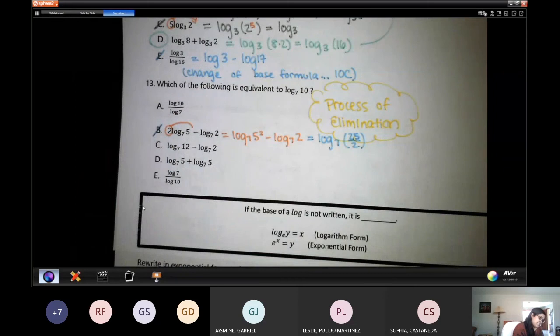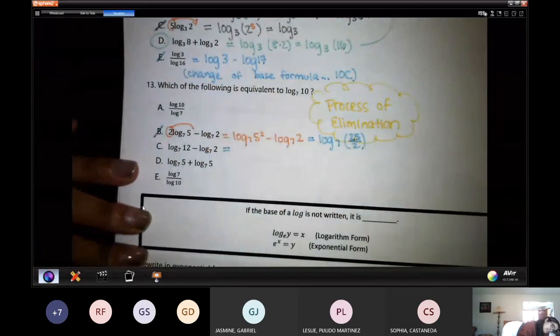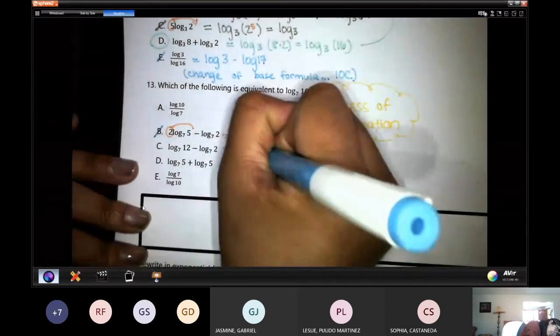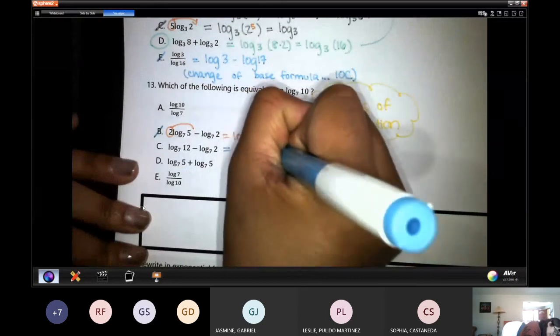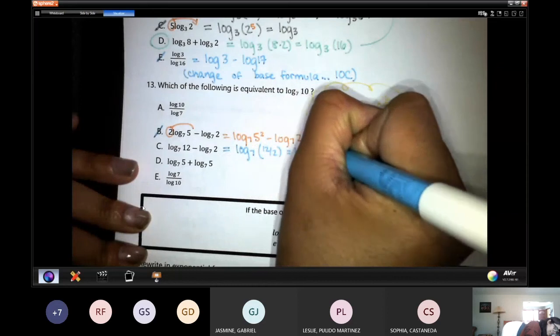And then if we tried C, no need to do the product or power rule. We could go straight to writing log base 7 of 12 divided by 2, which is log base 7 of 6.